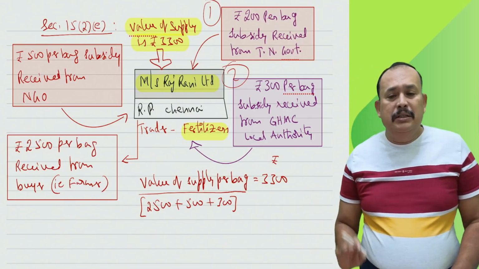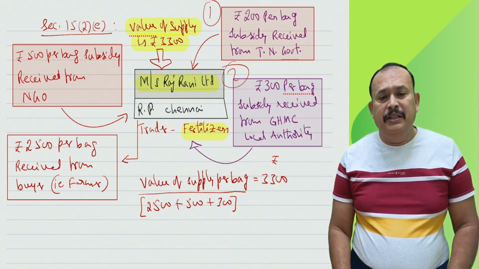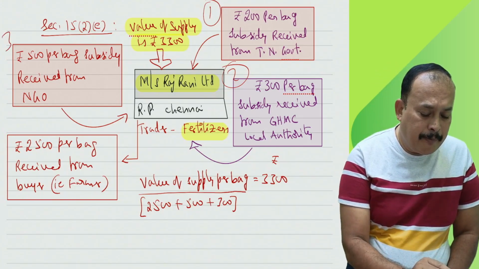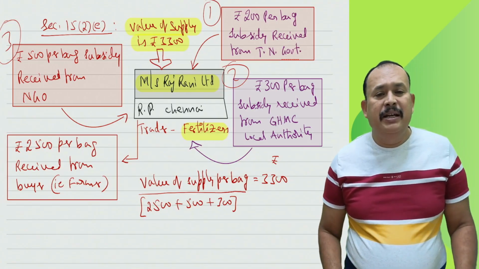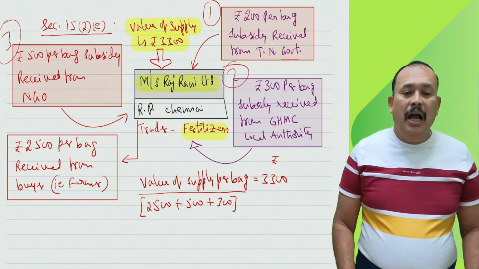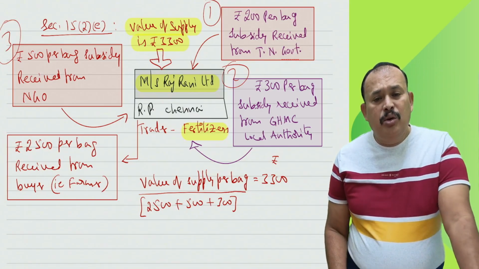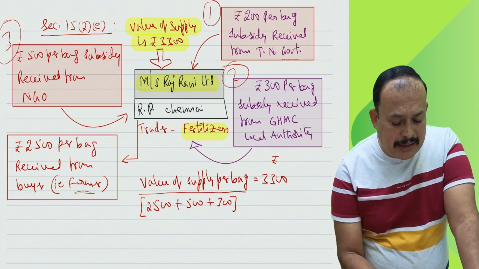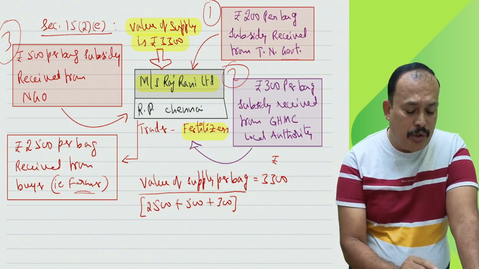So it is a subsidy from a local authority. Thereafter, point number 3, we got rupees 500 per bag subsidy received from an NGO. And finally, the goods have been sold to the farmer, to the buyer, at rupees 2500 per bag.